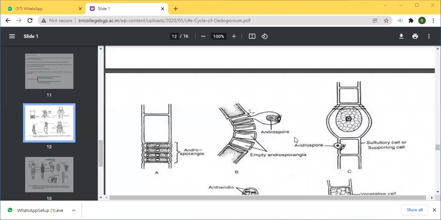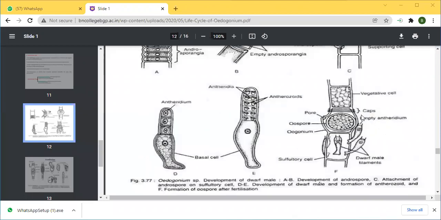Each and every androspore enters onto the filament. This is a supporting cell. This one is an oogonium, and in picture D you can observe the development of the dwarf male, the formation of the antherozoids, and the formation of the oospore after fertilization.